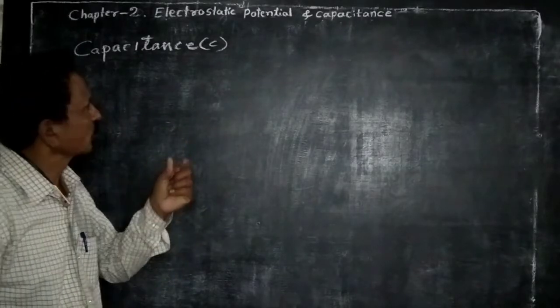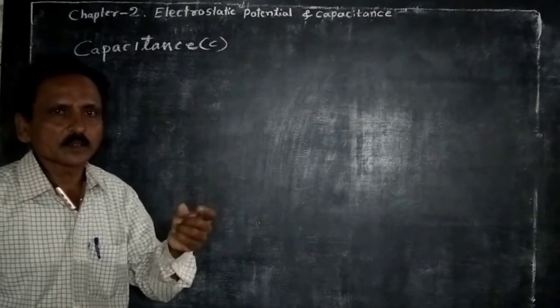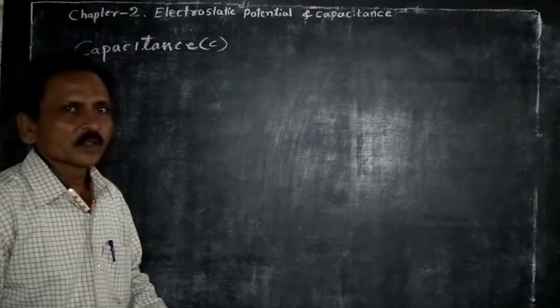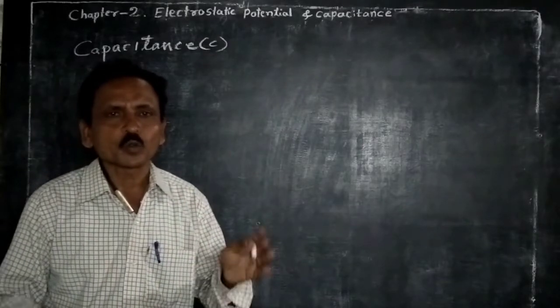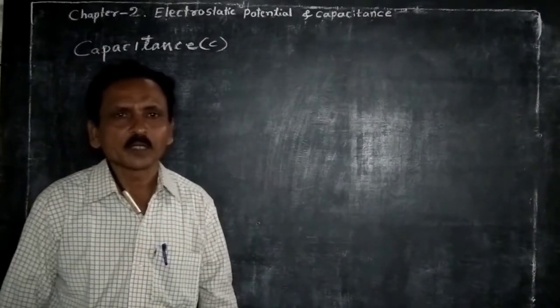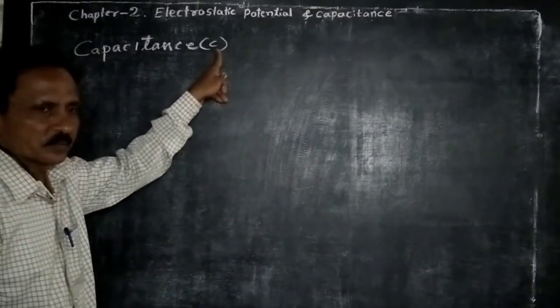Capacitance of a capacitor or capacitance of a conductor is the ability or capacity to store a large amount of electric energy and is denoted by C.